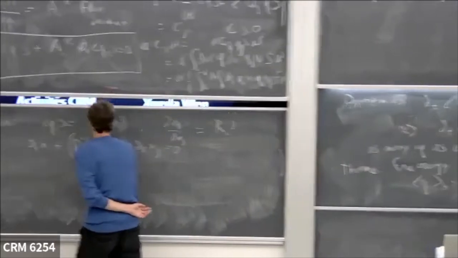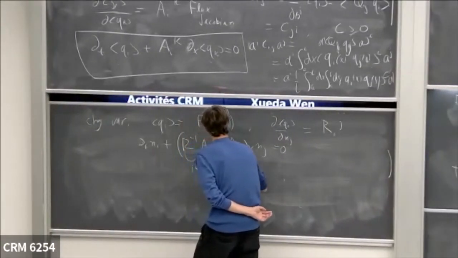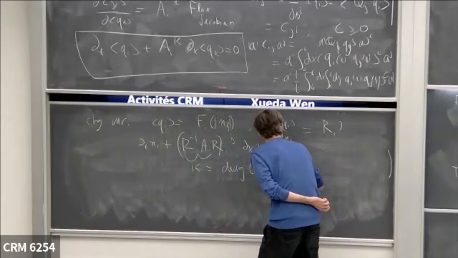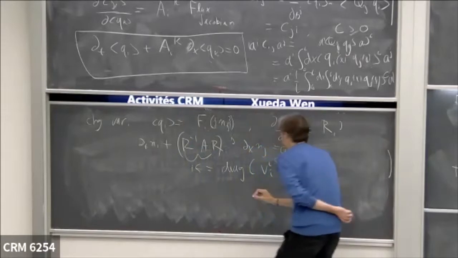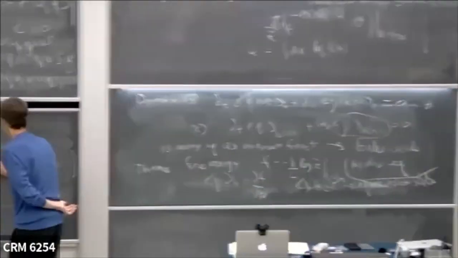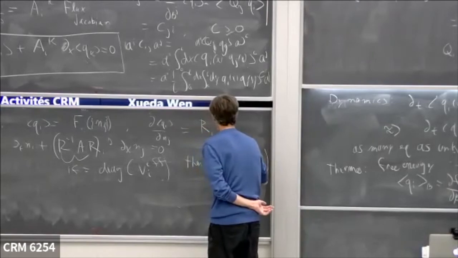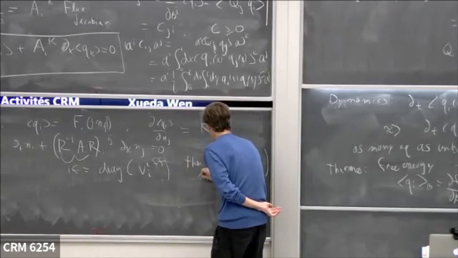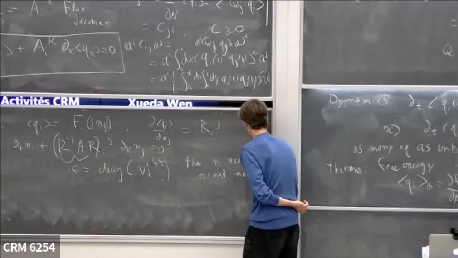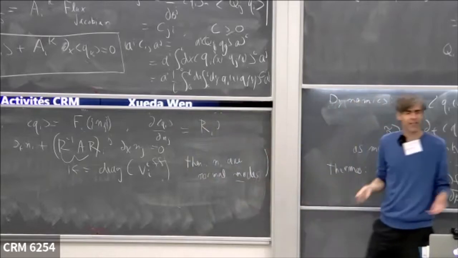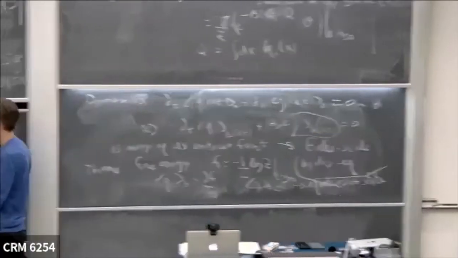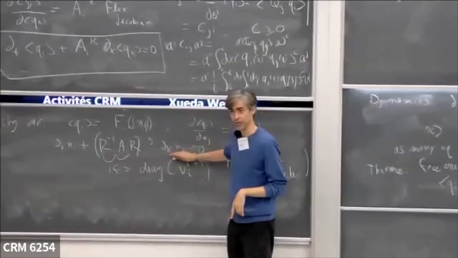If this is a diagonal matrix, diag of some elements which I call v^eff, some velocities, then these n_i are the so-called Riemann normal modes. It's not always possible to find these, but if you can, then you have diagonalized your equation of dynamics.